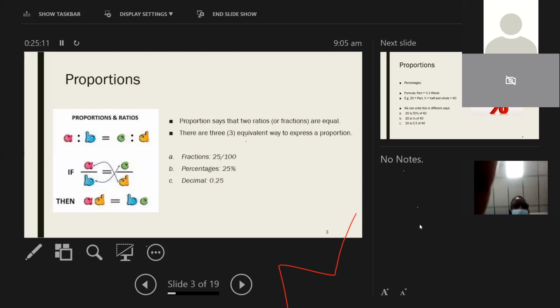Violet, where's the board? Sorry. We will alert you every now and again if there's someone who's not joining. Where's the whiteboard?